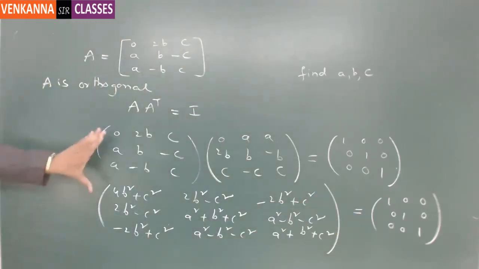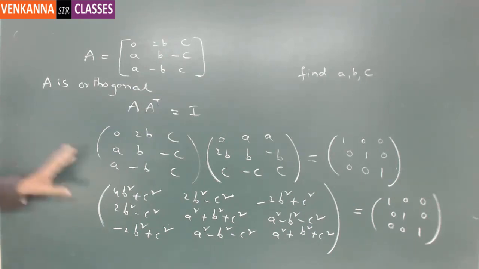So you can cross verify this part. Can you do that? By randomly selecting a row and column, can you check the entries which I made were correct? So equating the two matrices and comparing the elements of the diagonal as well as non-diagonal, we need to find the values of a, b, c.